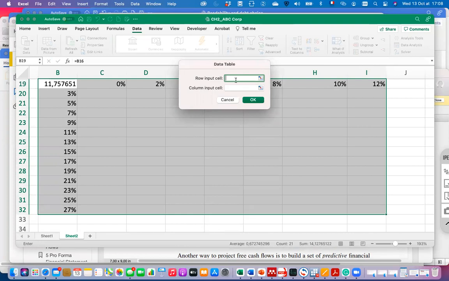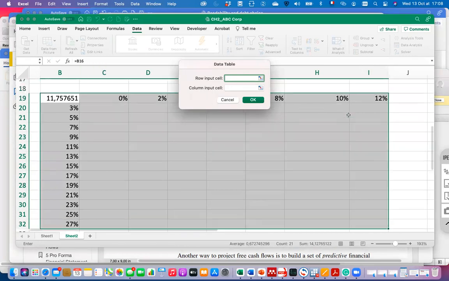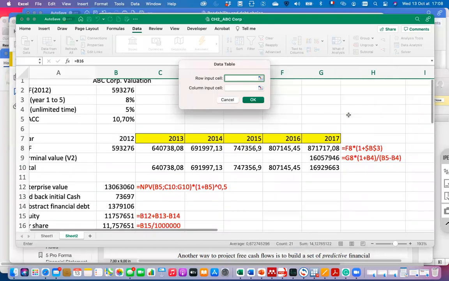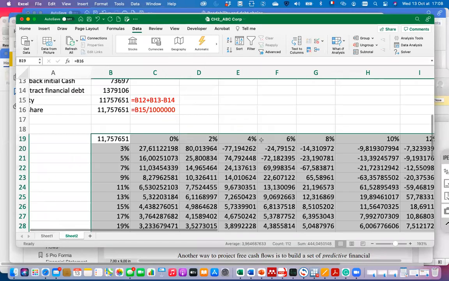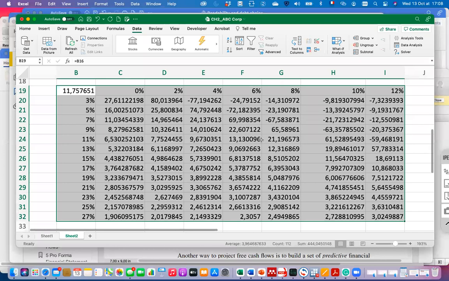For the row input, it is the growth rate, right? So I go to G2 here, and the column is for the cost of capital. Then, okay, see what happens. For each combination, it will give you automatically the fair price of the company.